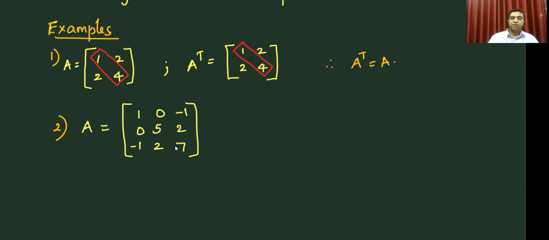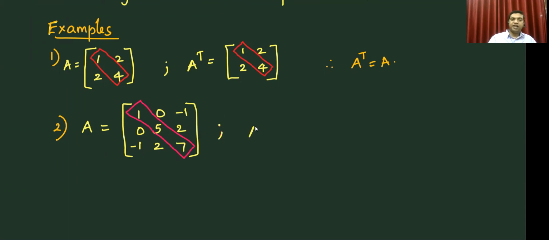When you just observe, you should be able to tell it's a symmetric matrix. Why? Because you don't have to do an operation. Apart from the principal diagonal elements, the other elements are symmetrically mirror image situated. So it's a symmetric matrix.